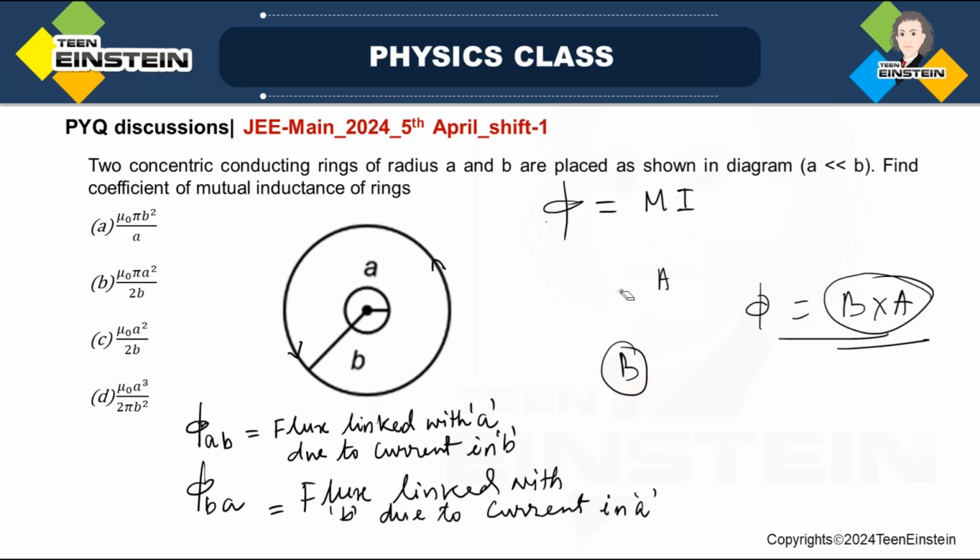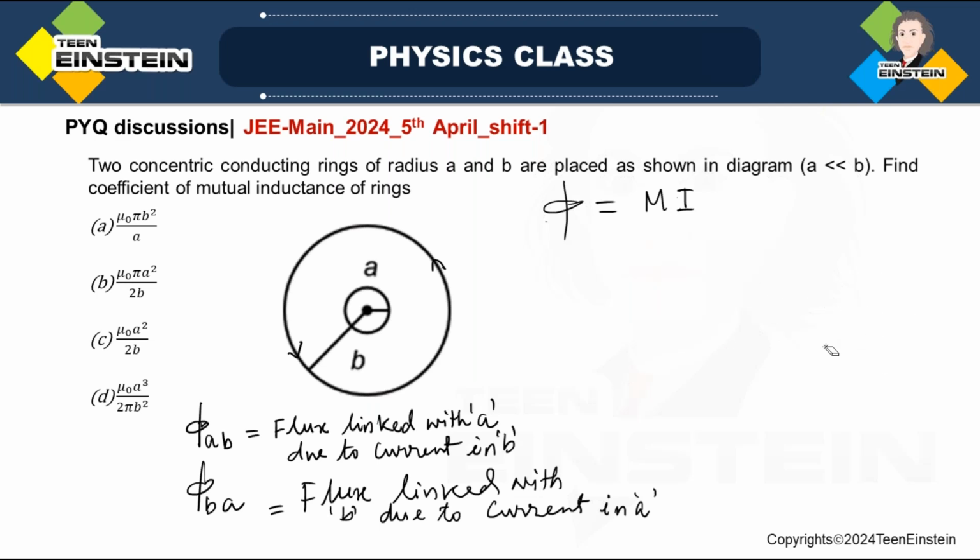Now let me tell you why I'm saying this. I have the knowledge of finding the magnetic field and magnetic flux for a ring, those things are fine. Now suppose I want to find out the flux linked with A.